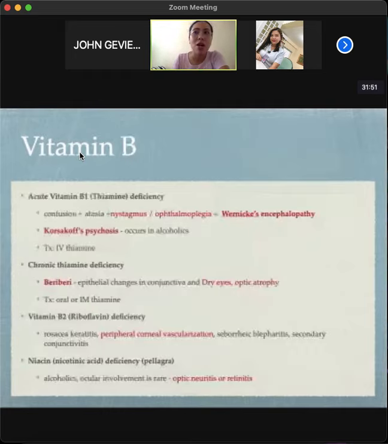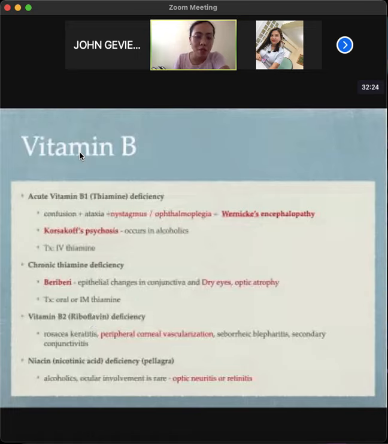It's not usually malnutrition. Also in vitamin B deficient individuals, like in acute vitamin B1 or thiamine deficiency, you can see Wernicke's encephalopathy. There's a combination of confusion, ataxia, nystagmus, and ophthalmoplegia. In chronic thiamine deficiency, known as beriberi, you would see dry eyes or optic atrophy.